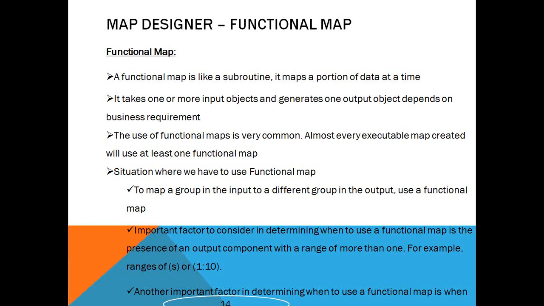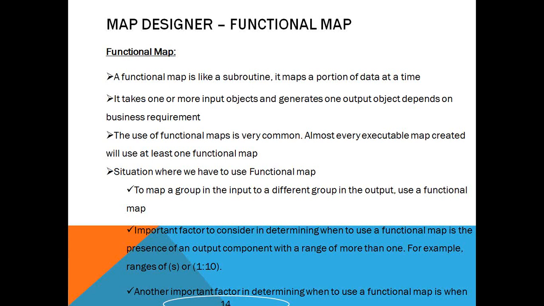It performs some function on the data. Similarly, here also, it will do the mapping for a portion of that group. Then it can take one or more input objects and generate one output object, depending on the business requirement. So it's nothing but the functional map.